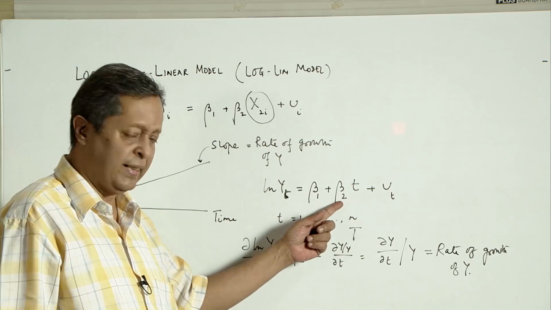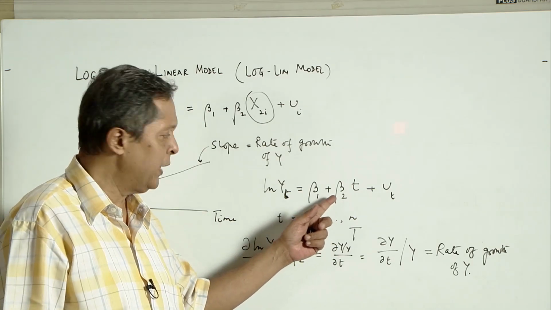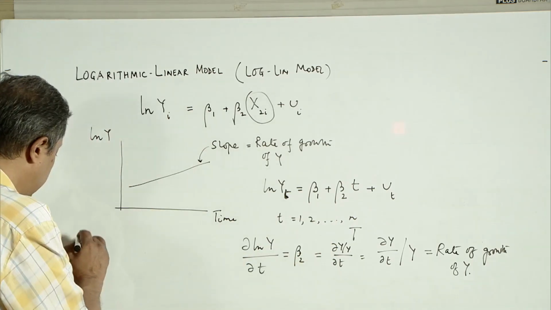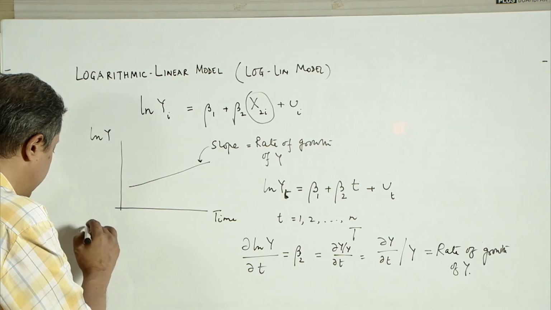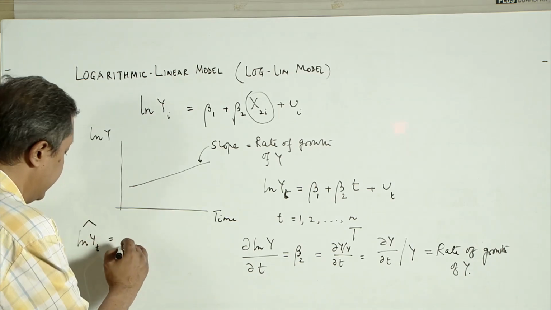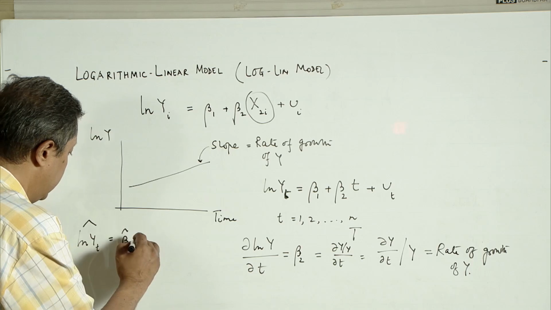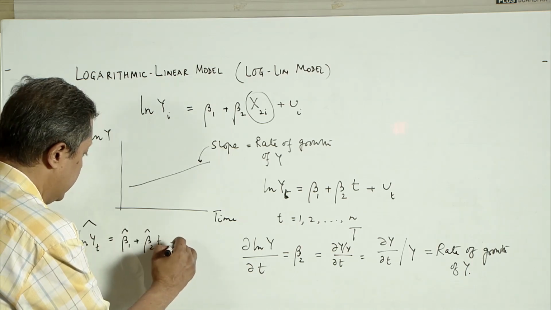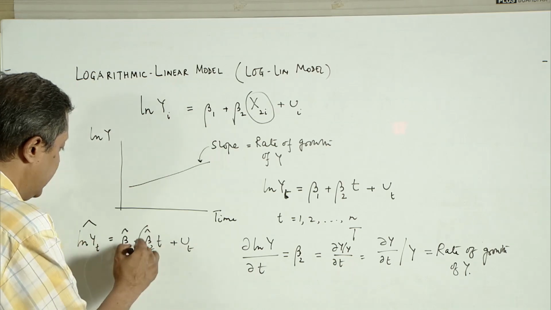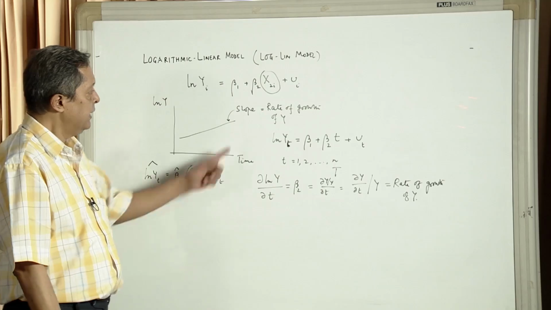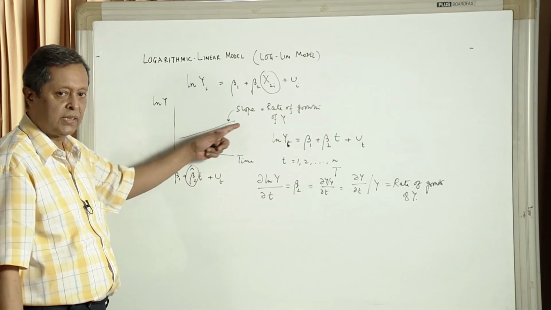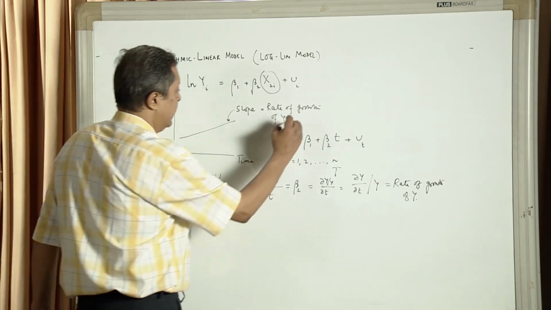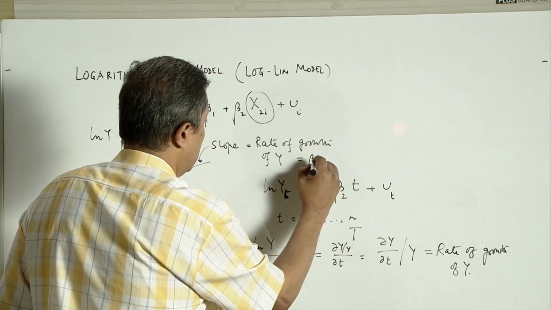So, what is the growth rate here? It is beta 2. So, the estimated model will be log y t hat estimated as beta 1 hat plus beta 2 hat t plus u t. So, this estimate will be obtained as the slope of this fitted line, and that is given as beta 2 hat.